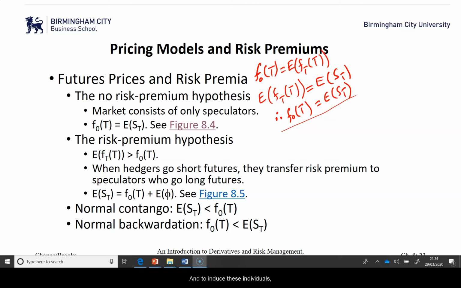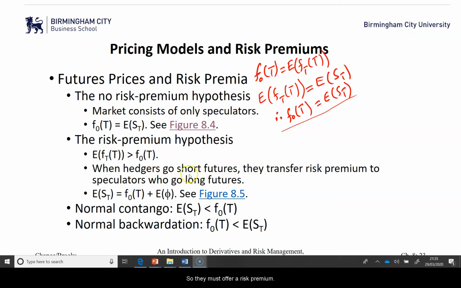And to induce these individuals, in other words traders or dealers, the future price in the future contract today must be less than the expected future price at expiration. So the individuals are hedging by selling futures. So they are transferring their risk to the buyers of these future contracts.